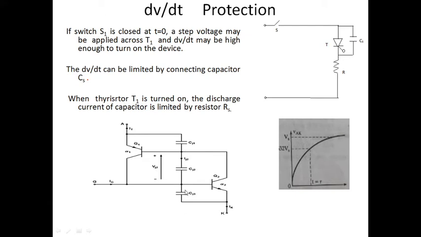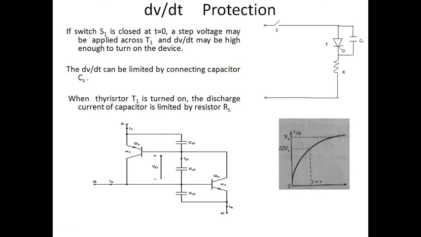When the SCR is forward biased, in the sense when the anode is more positive than the cathode, junction J1 is forward biased, junction J3 is forward biased, and junction J2 is reverse biased. So all 3 junctions act like capacitors CJ1, CJ2 and CJ3. Here the CJ2 effect is dominant.